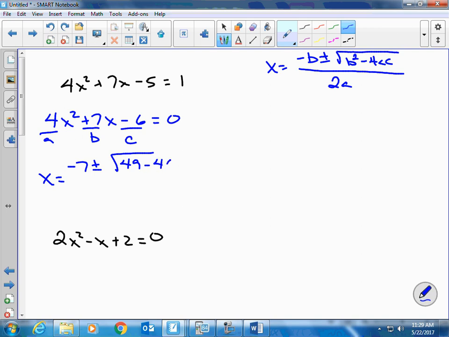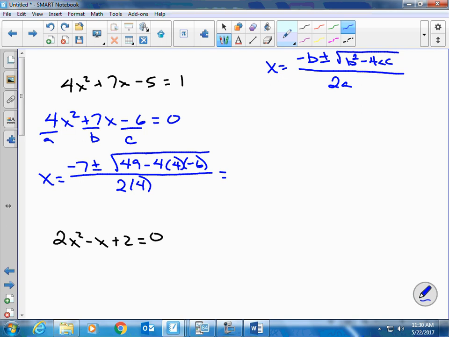Minus 4 times a times c all over 2a. Okay? Oh, sorry. 2a. And a is 4. All right. At this point in time, I could dump all that into my calculator. Okay? My calculator is pretty smart. Yours is pretty smart. It can handle that.